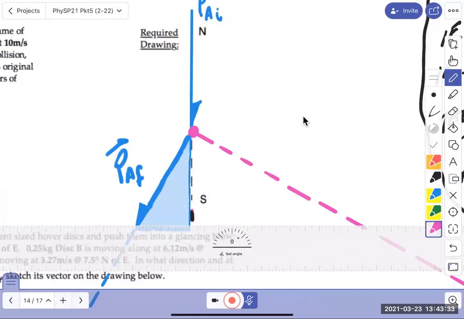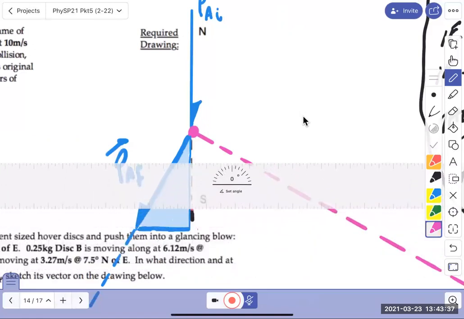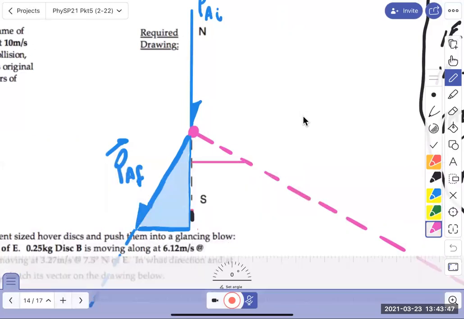That's 1, 2, 3, 4. And you can use a ruler or something. 1, 2, 3. Okay, so this is now my purple, and so I have a purple triangle. Here's the vector. And now I'm starting to get a feel for what the result of the collision will look like. Now we're thinking like Newton.